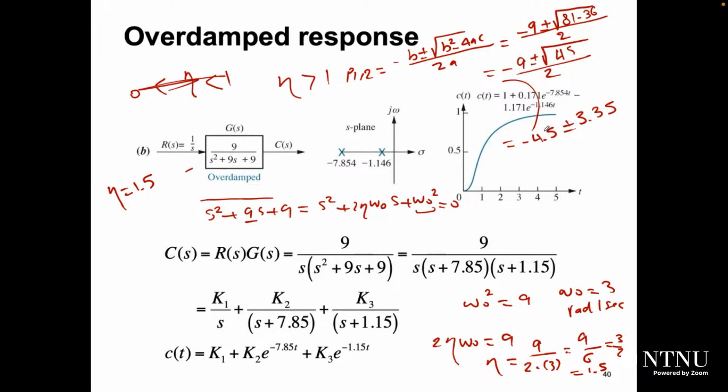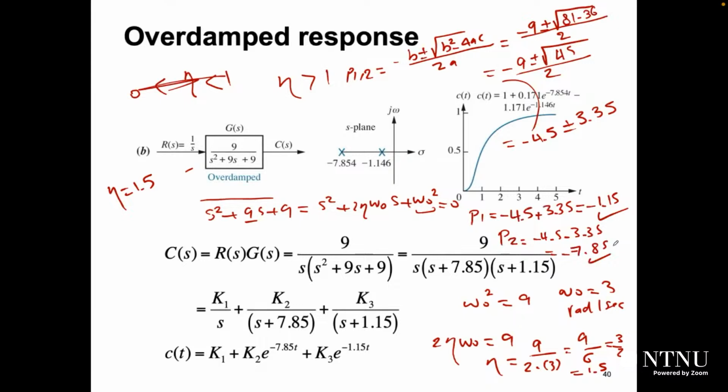So P1 will be minus 4.5 plus 3.35, which is minus 1.15. This is the first one. P2 will be minus 4.5 minus 3.35, which is minus 7.85. This is the second one.